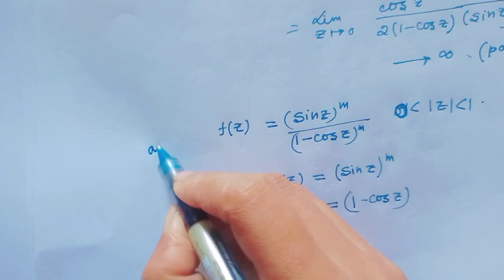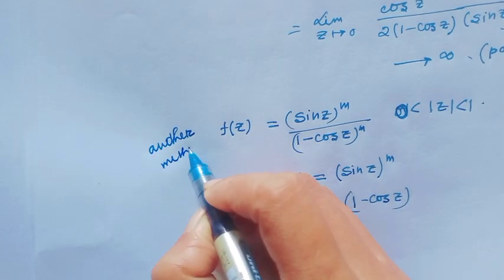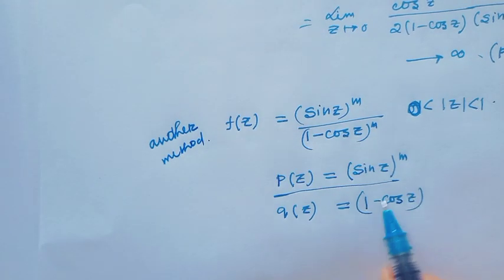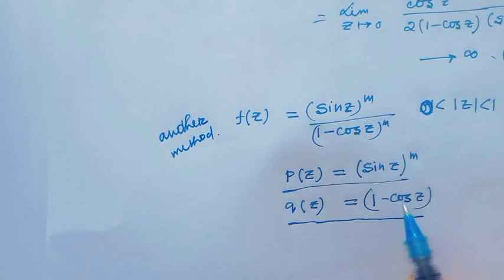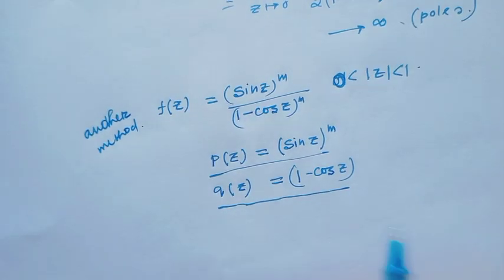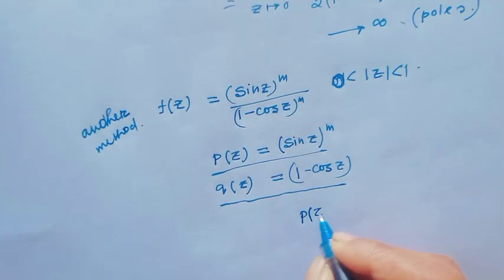Another method, we can solve it by zeros. P(z) equal to sin z to the power m and q(z) equal to (1 minus cos z) to the power n. What is the order of zeros? P(z) equal to, consider sin z.